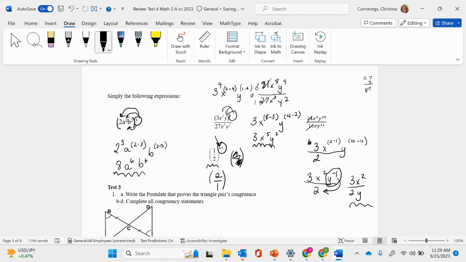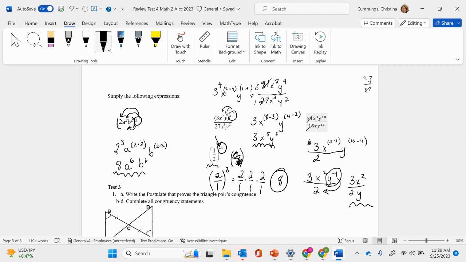Put the parentheses back and put the 3 back. Okay? So this is really 2 over 1 times 2 over 1 times 2 over 1. 2 times 2 is 4, times 2 is 8. 8 is my simplified version of that. Because 1 times 1 times 1 is 1. We don't have to write that.